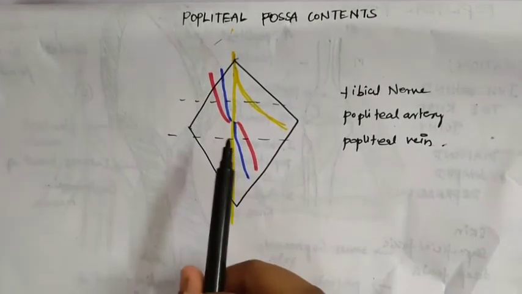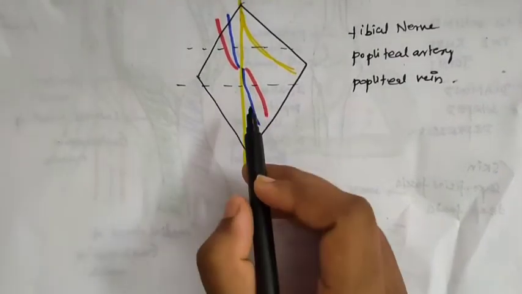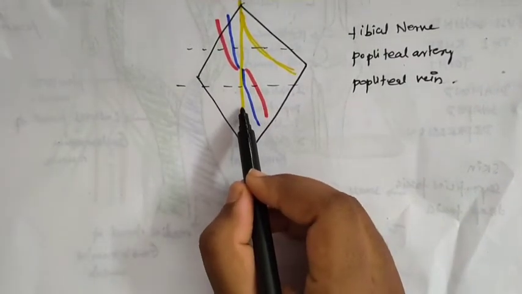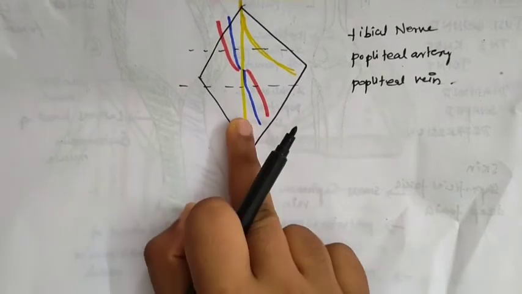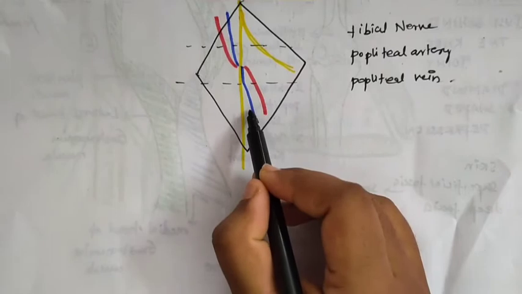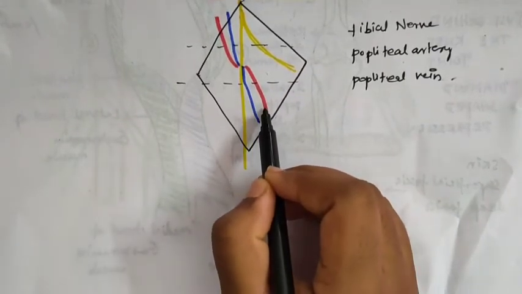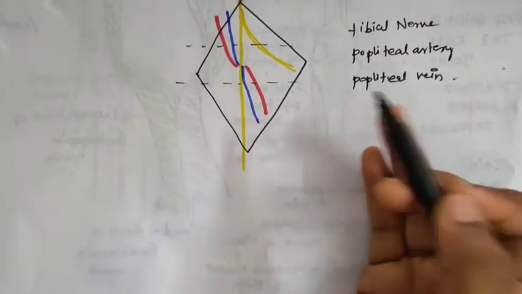But in the lower portion, the tibial nerve is on the medial side, the vein is in the middle and the popliteal artery is on the lateral side.